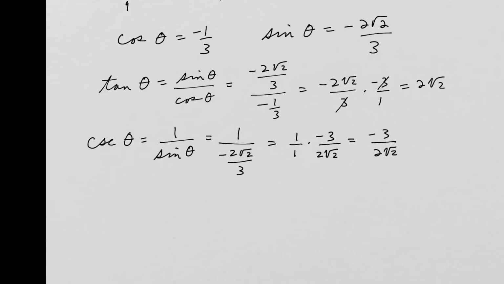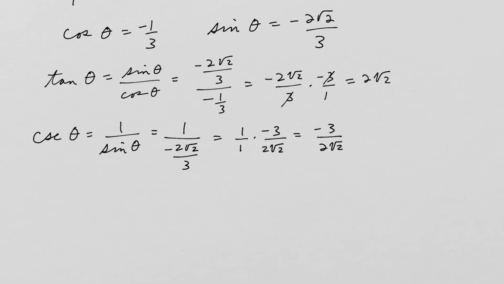And then probably what you would do is, again, clear out the radicals from the denominator, so rationalize the denominator. So I could do that if I multiply by radical 2 over radical 2. Then this becomes negative 3 radical 2. And on the bottom, I'm going to have 2, and then radical 2 times radical 2 is another 2, so this is going to be 4. So cosecant of theta is negative 3 radical 2 over 4.